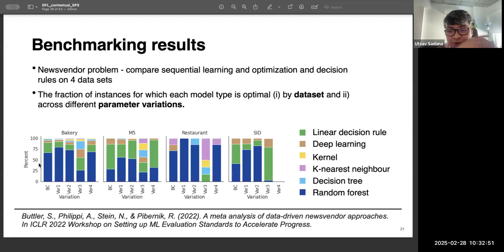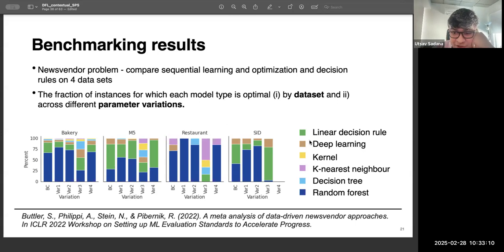So you can see that the blue color appears predominantly, and across data sets, random forest does remarkably well. The next model that performs really well is linear decision rules, where you can see the color green appearing predominantly in this figure, right?